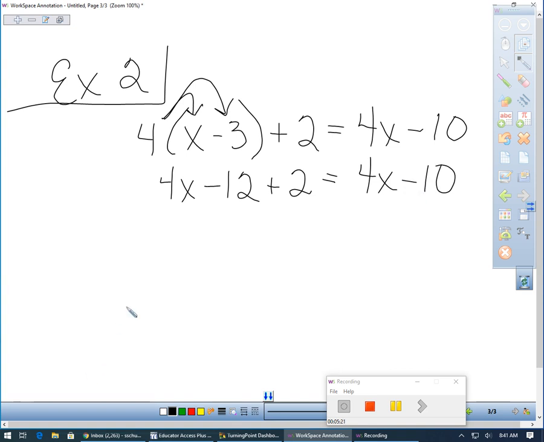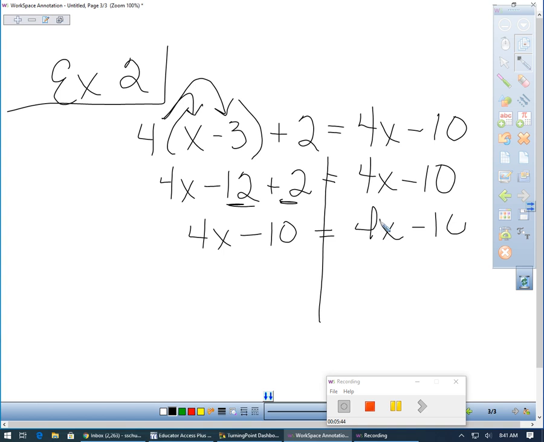All right. What do I do next? I have to combine like terms on either side, right? So on this side, what can I put together? Good. Negative 12 and positive 2. So I have 4x minus 10 equals 4x minus 10.